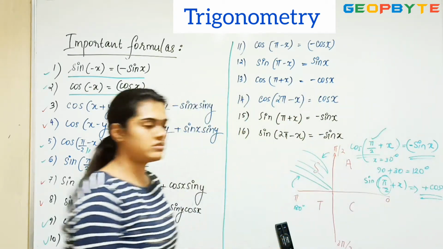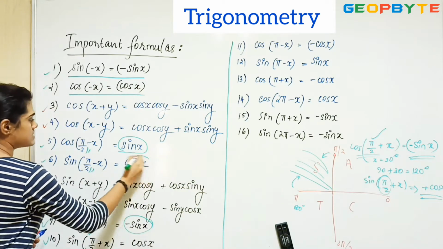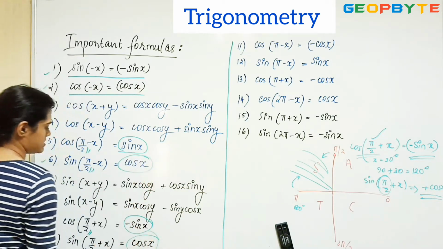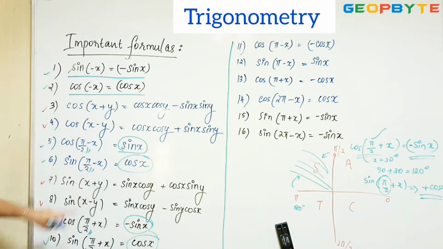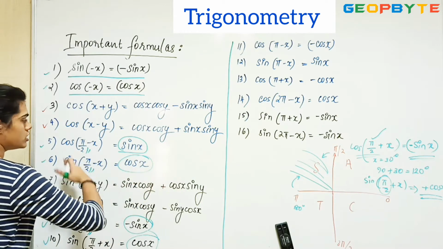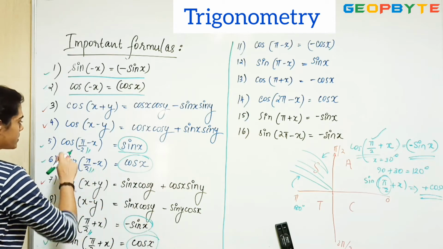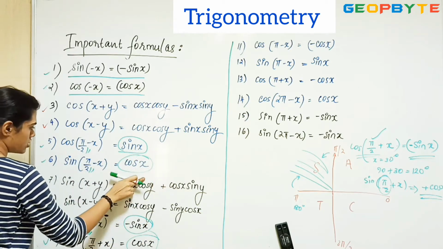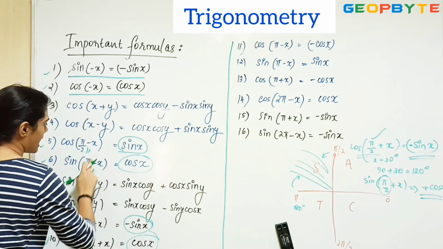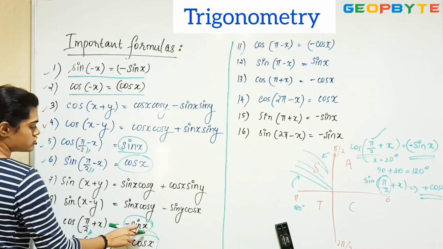So that is the difference between the previous two cases and these two cases. This is minus x, plus x. So whenever there is a pi by 2, you have to change it to the other function, cos to sine, sine to cos. But according to the angle, depending on which quadrant it is lying in, you have to change the sign.